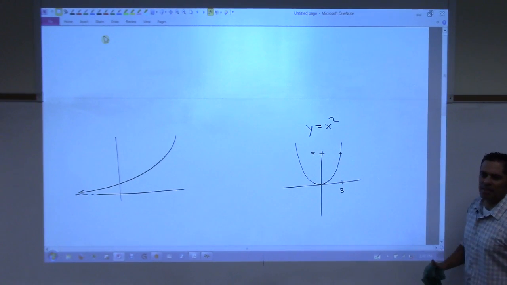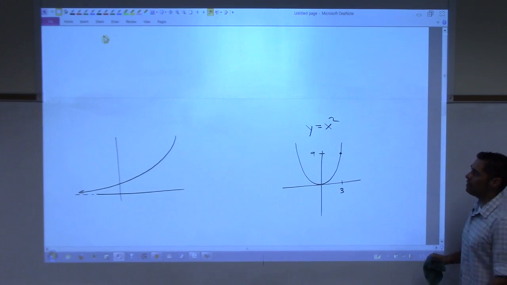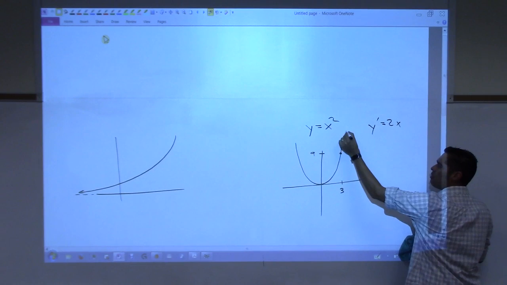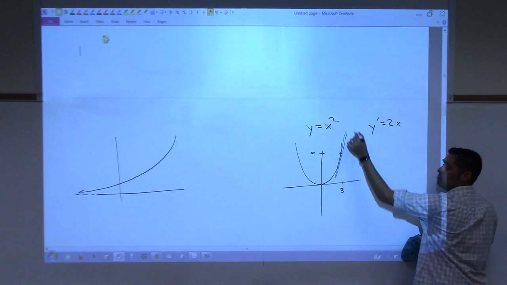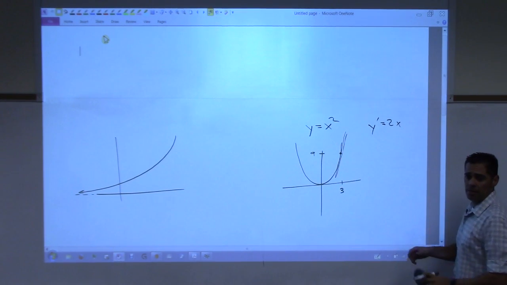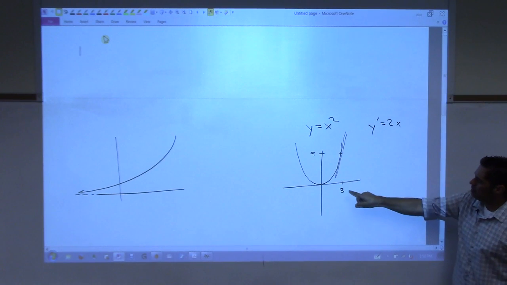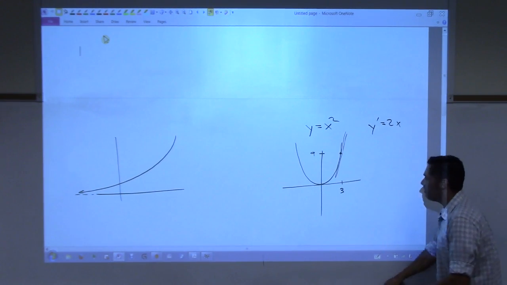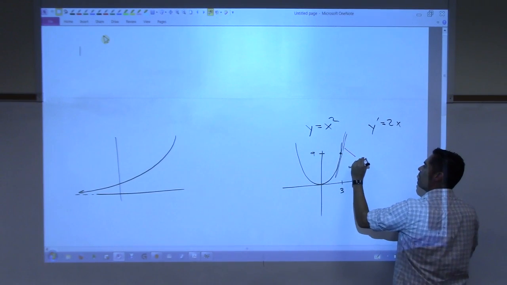What's the slope of the tangent line there? 2x. Yes, the derivative of that is 2x. So what's the slope of the tangent line right here? 6, right? How do you get 6? You plug in x is 3 and you get 6. So the slope of this tangent line is 6, right?